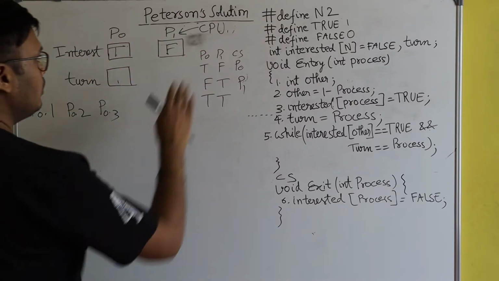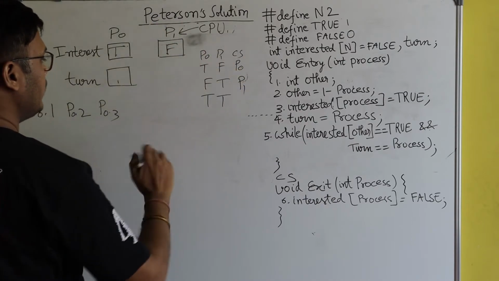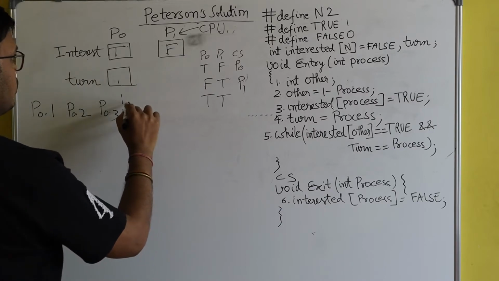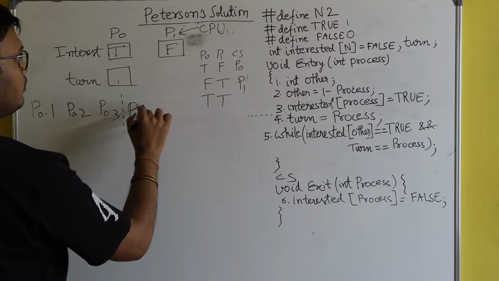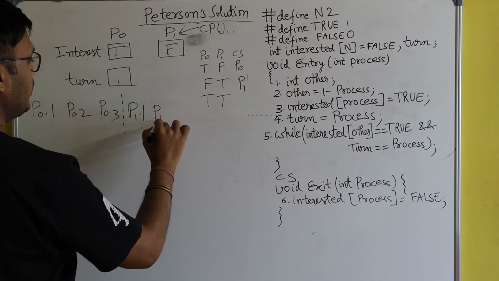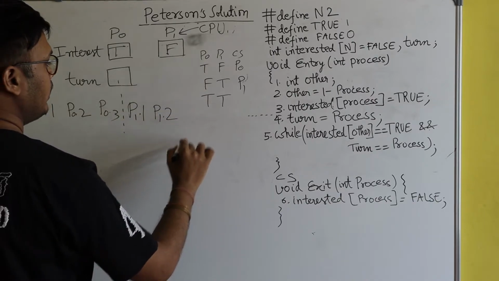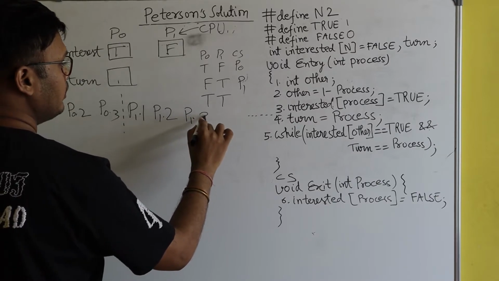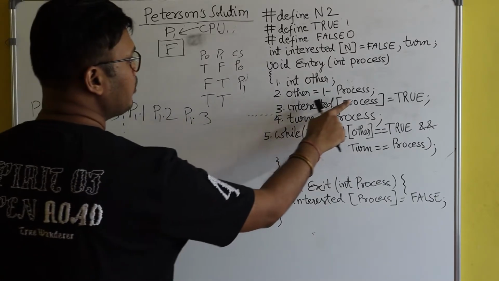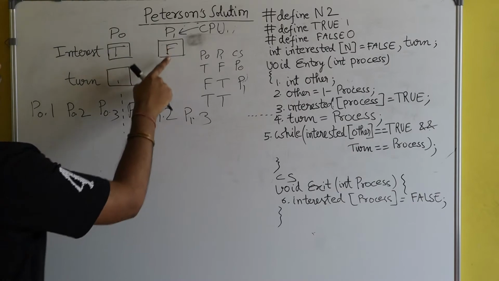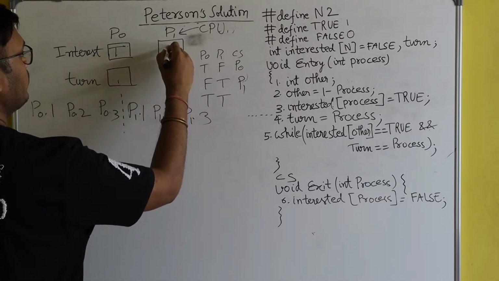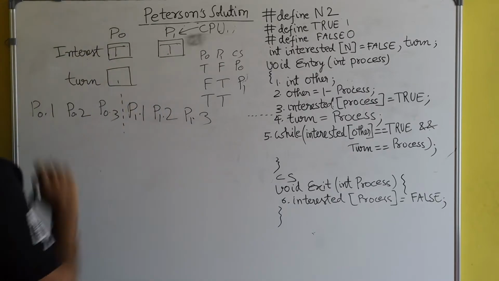So P1 will execute line number 1, line number 2, and line number 3. In line number 3, interested of process is equal to true. So now P1 is interested, so interested of P1 is true.